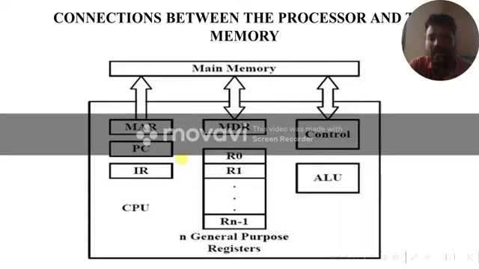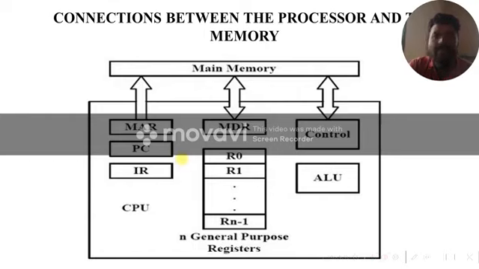The next ones are the control unit and the arithmetic and logic unit. So MAR, PC, instruction register, MDR, R0, R1, R2 and so on, these general purpose registers, and the control unit and arithmetic and logic unit are all mainly needed for interacting with the processor in terms of computation of different kinds of memory spaces.